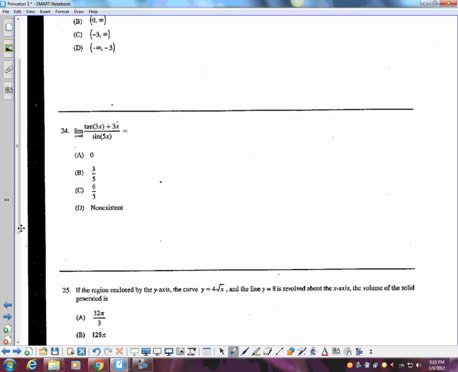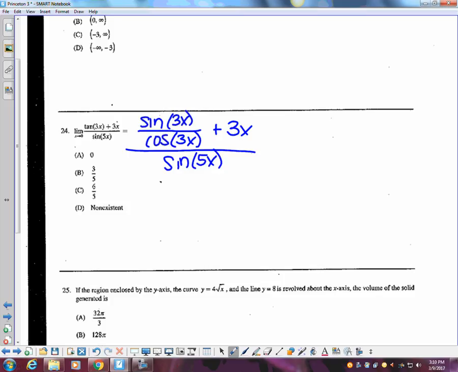Could you not have a tangent? Can we make it sine over cosine? Okay, let's start there.